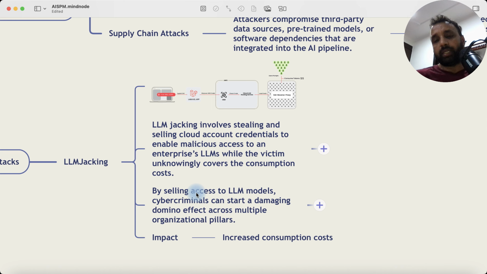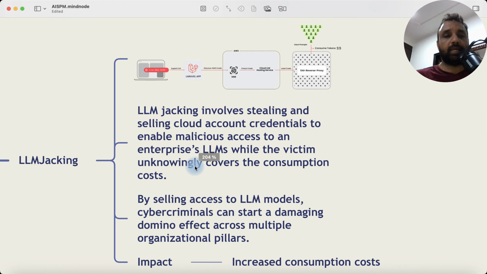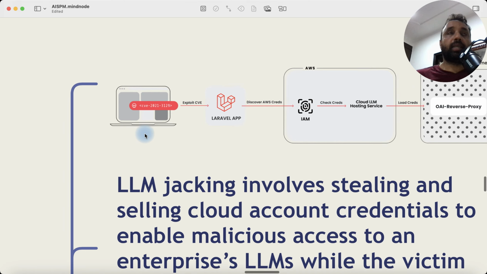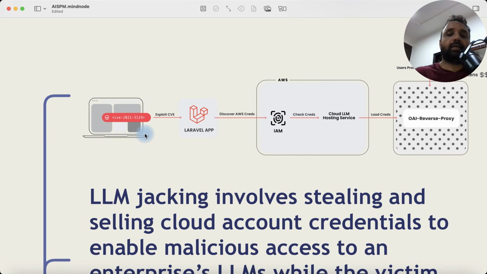So what the cyber criminal can do is they can get access to an infrastructure that has active LLM services, and the initial access can be done by exploiting a popular vulnerability, something like a Laravel app. The cyber criminal can exploit the vulnerability there.